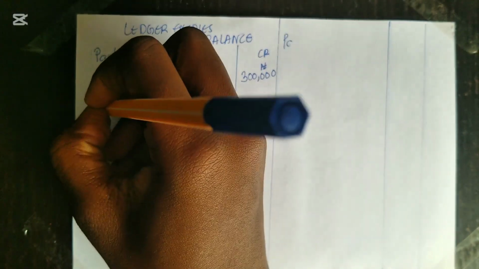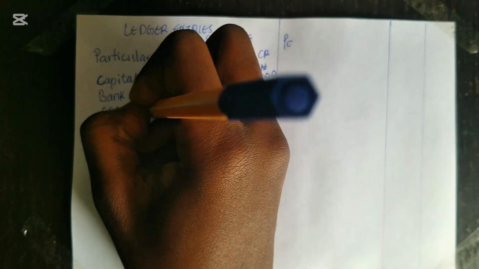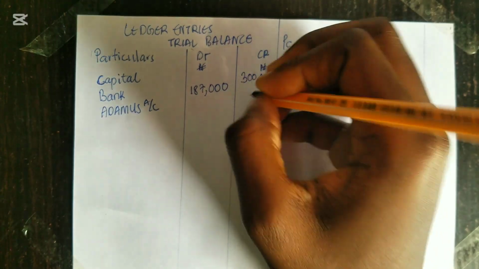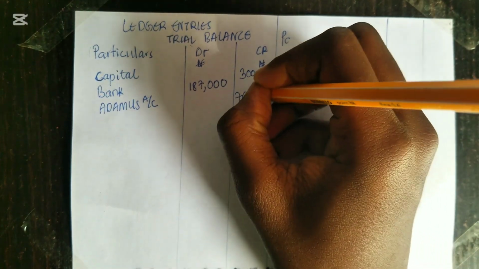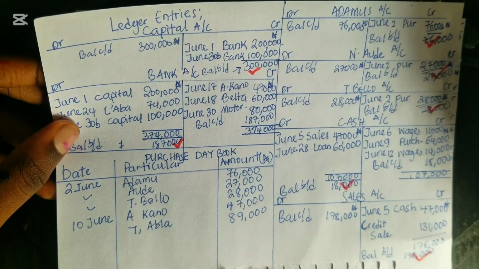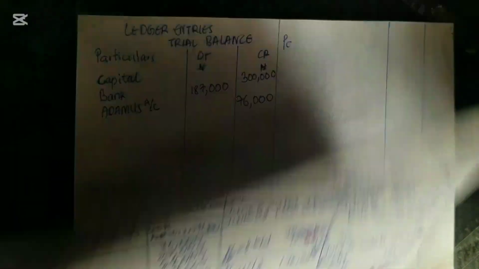So Adamu's account is 76,000 on the credit side. So we have 76,000 naira. And Audo, does he have a balance brought down? Yes, and it's on the credit side. So we'll put our balance brought down on the credit side.